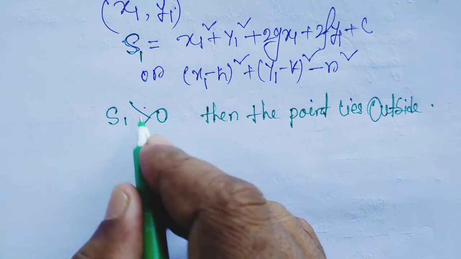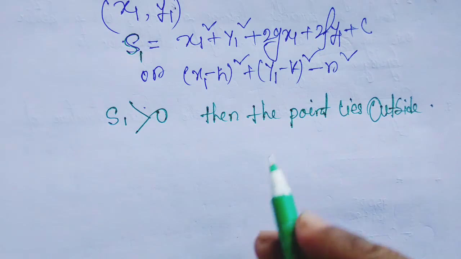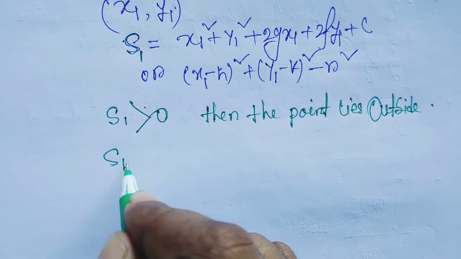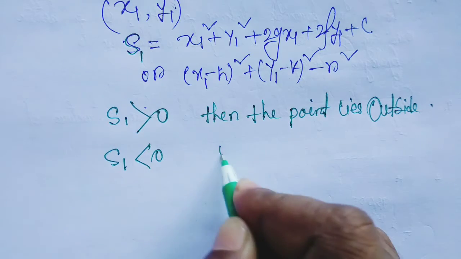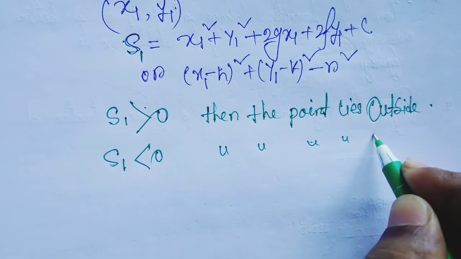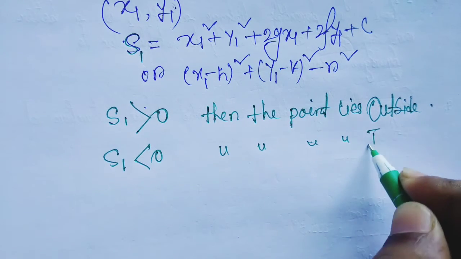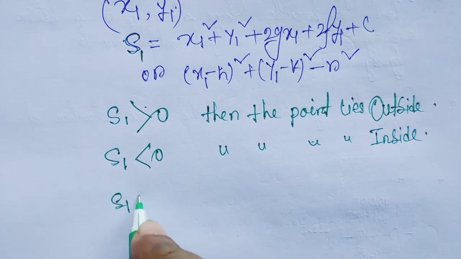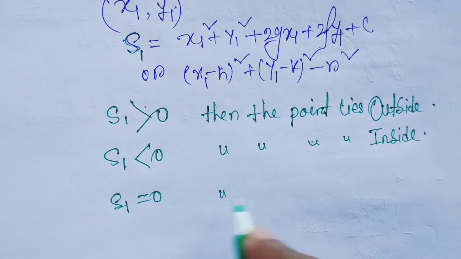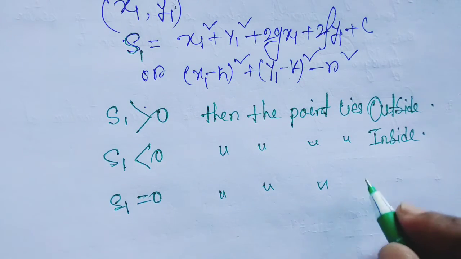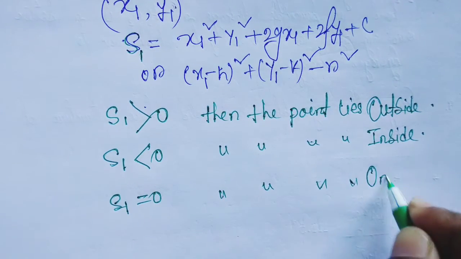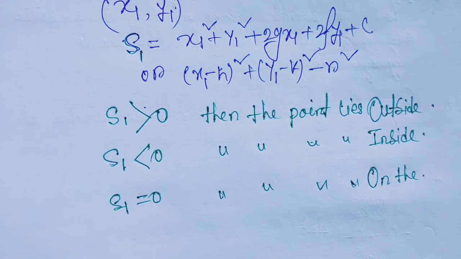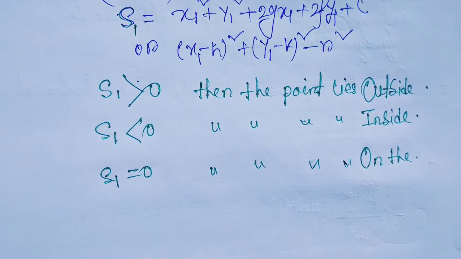If S1 is less than 0, then the point lies inside the circle. But if S1 is equal to 0, then the point lies on the circle. Understood everyone?